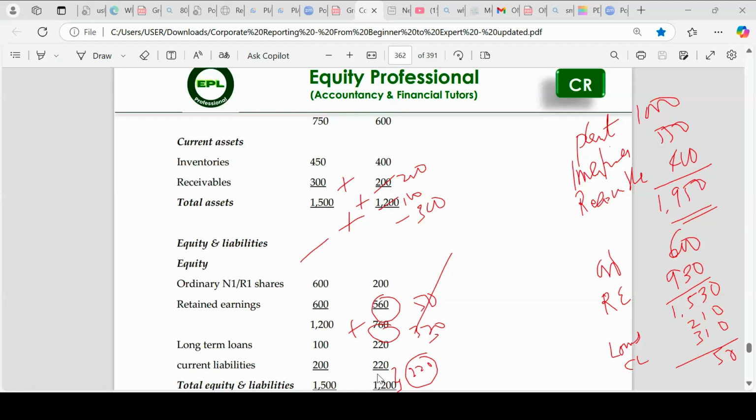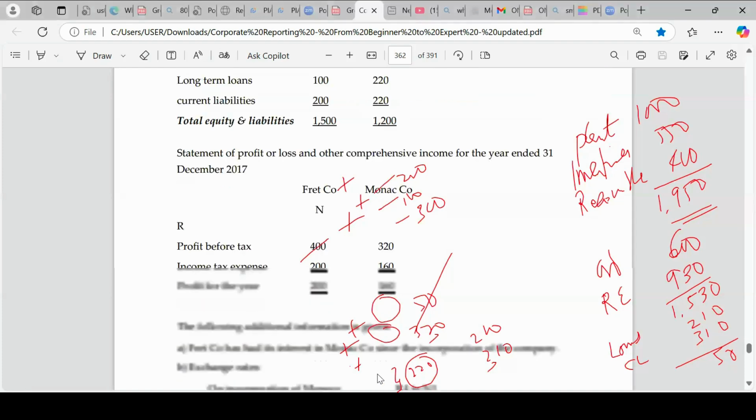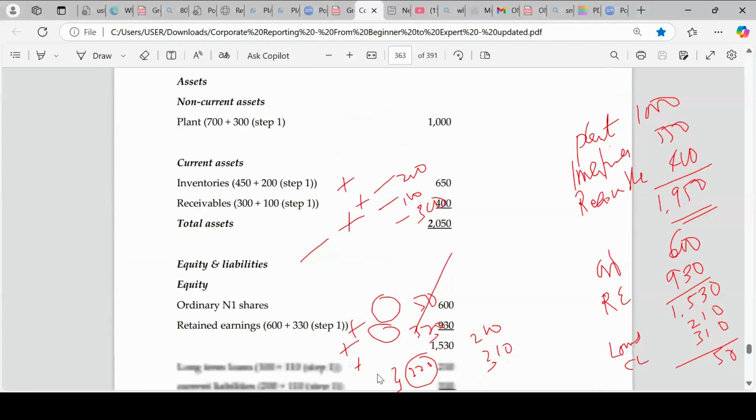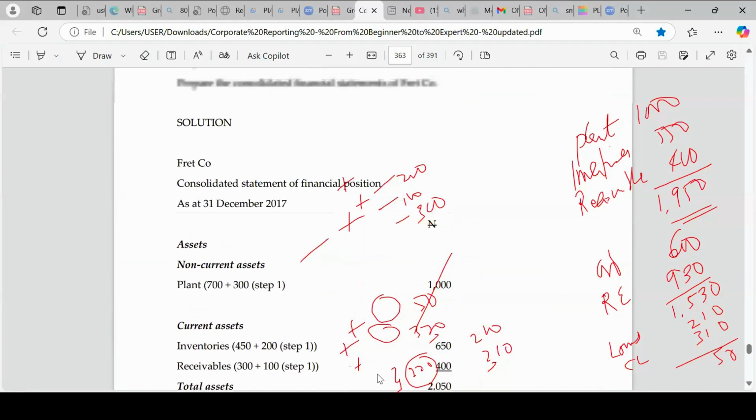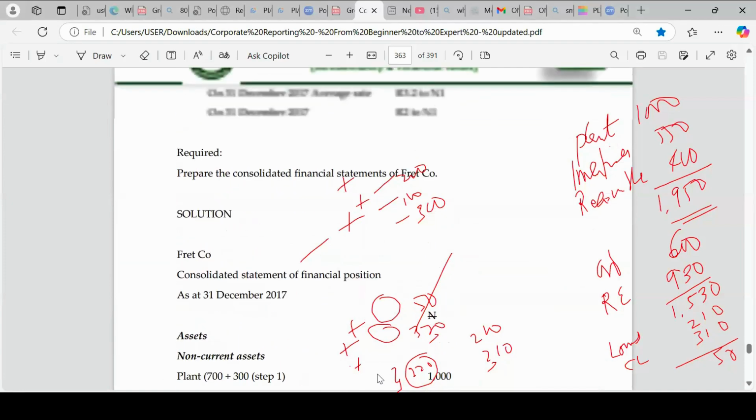Did I make any error there? Okay. This is 100 plus 110. 100 plus 110, that should give me 210. 200 plus 110, that should give me 310. Let me see the solution. Where is this error coming from? Okay, inventory should have been 650.